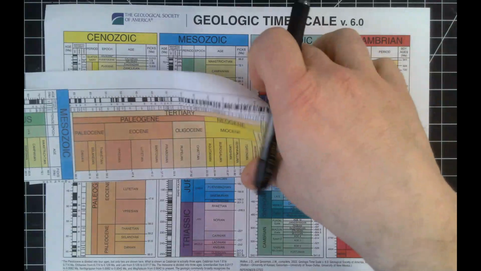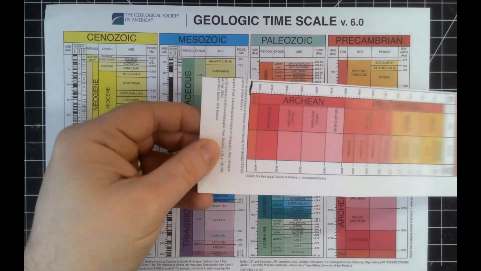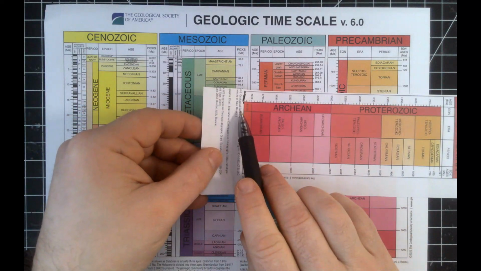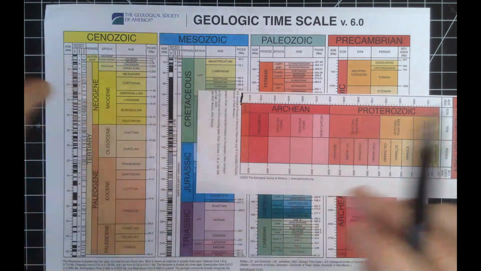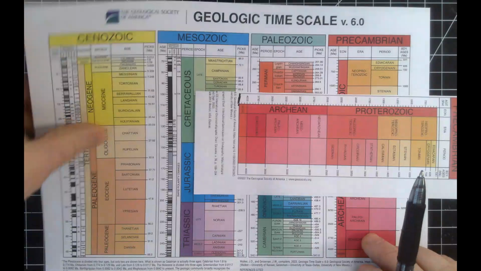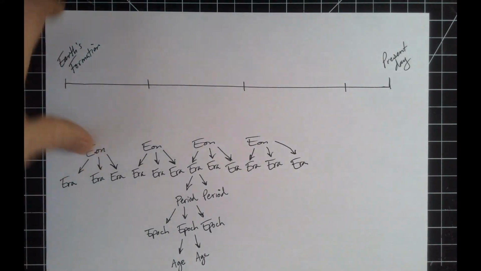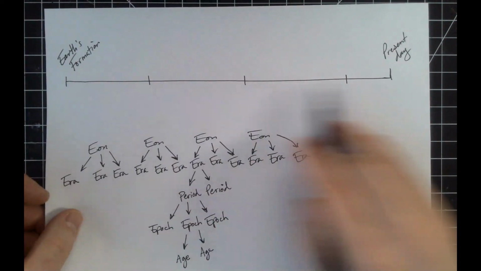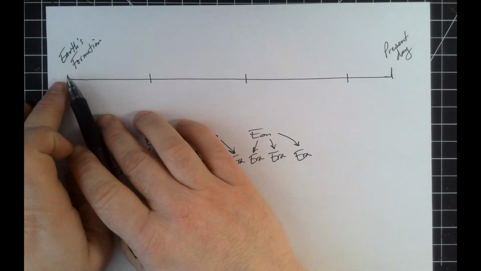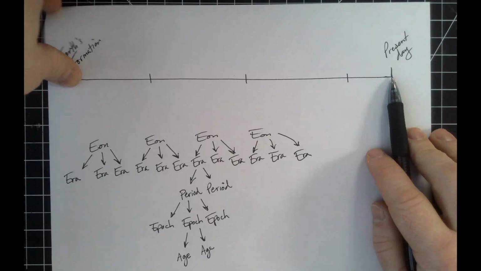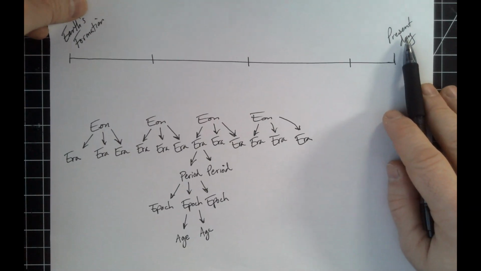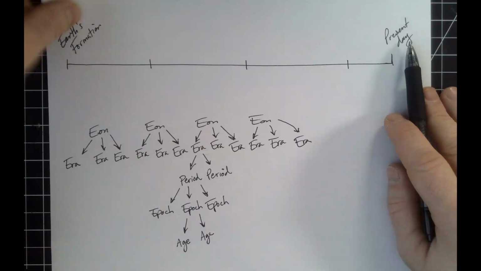So basically we're going from the very early formation of Earth, and we go through larger units first. So here we have our timeline, with Earth's formation at the beginning and the present day at the other end. We break our timeline up into the largest chunks.